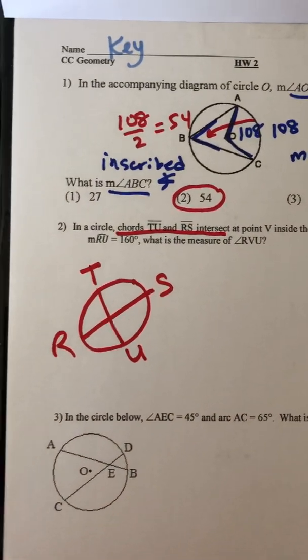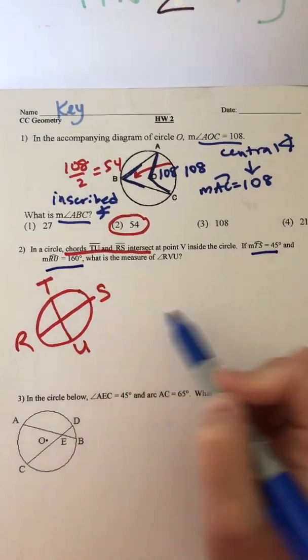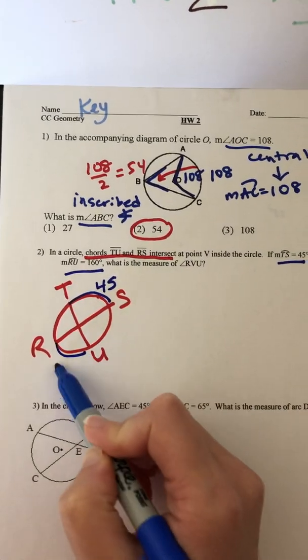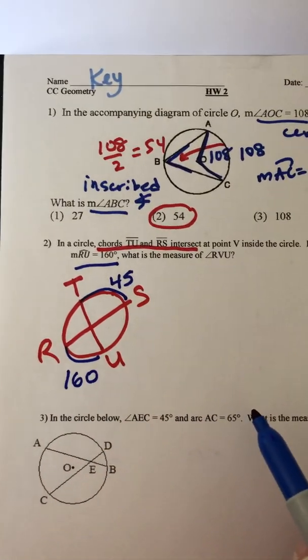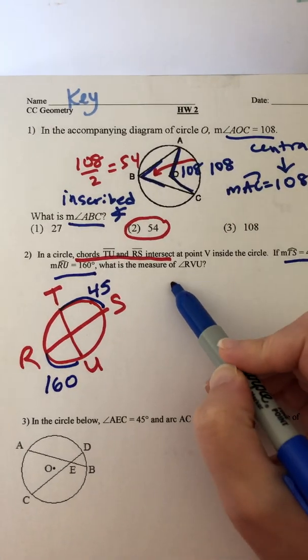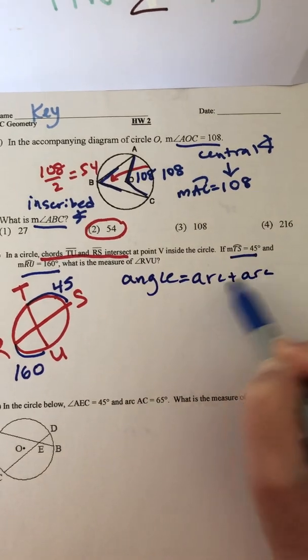Now we're going to label the arcs. TS is 45, RU is 160. It's okay if it's not drawn to scale. Now in this diagram, when chords intersect, that's when you find the angle by doing arc plus arc divided by 2.